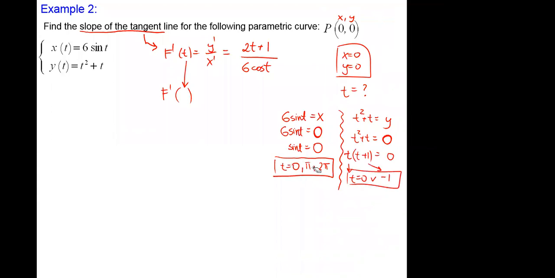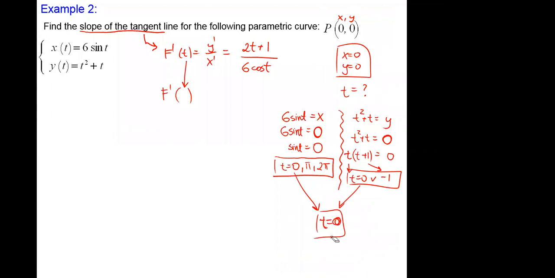What is the answer? We have to pick the same value of the parameter t. If t is 0, then x and y are also 0. We got lucky just in this case, but not always.